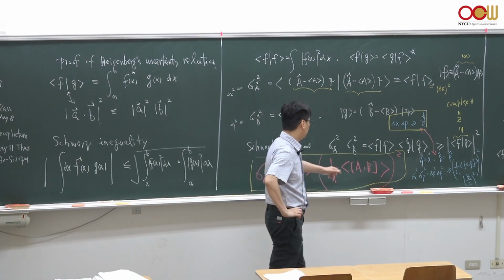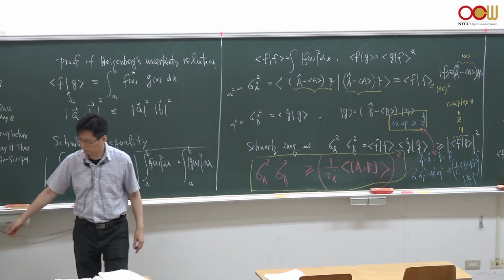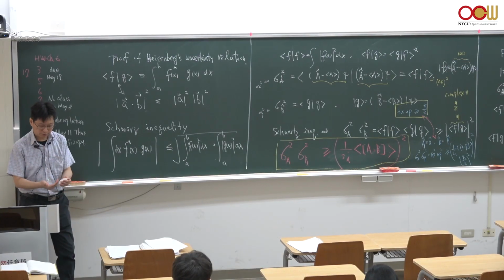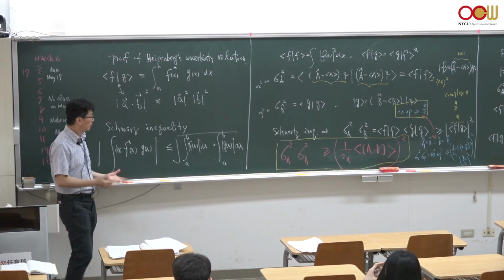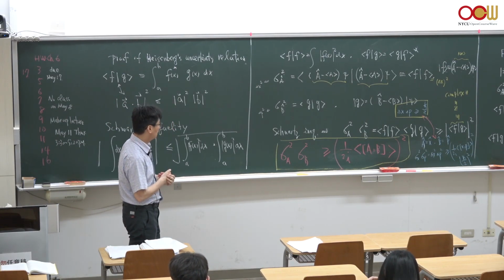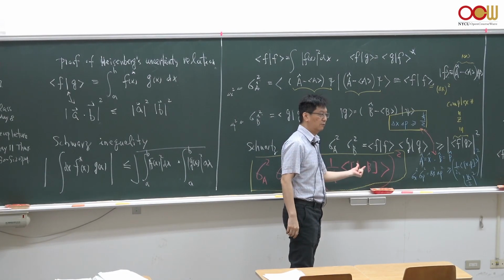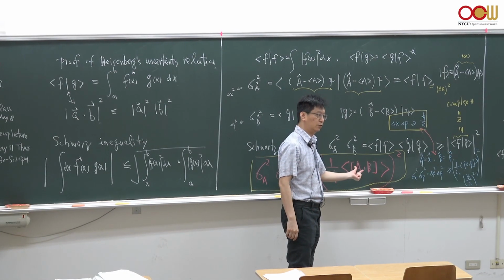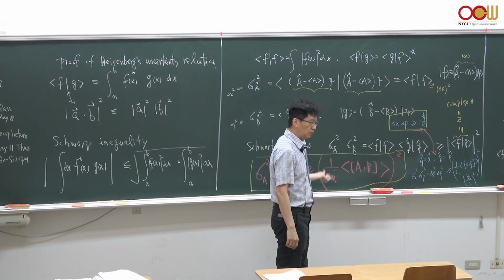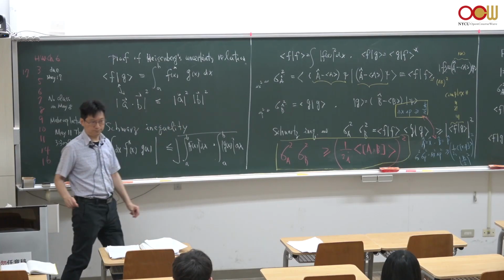But if they do not commute, you do have such a Heisenberg uncertainty relation. Up to now, I think it is a general property in quantum mechanics that when we have a non-vanishing commutator between any two operators, automatically we have such a Heisenberg uncertainty relation.